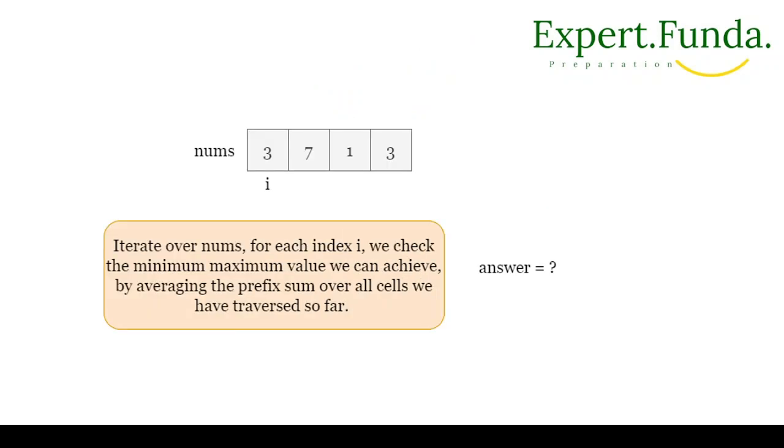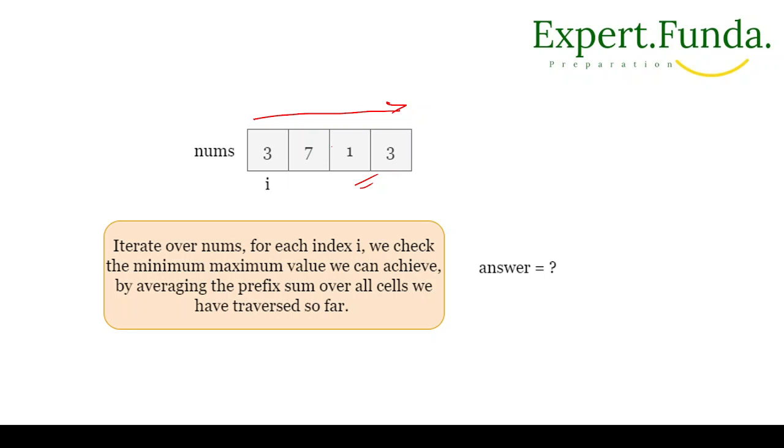Let's understand this with one example. As you can see, we have 3, 7, 1 and 3. Now iterate over nums for each index, from here to here, and we check the minimum maximum value we can achieve by averaging the prefix sum over all the cells we have traversed so far.